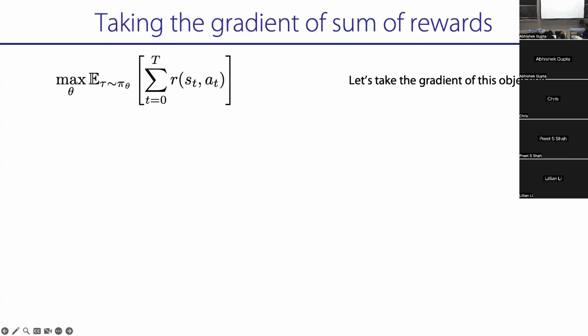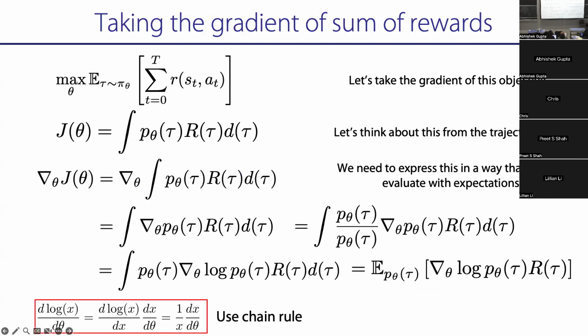The important thing to note in our expression is that the expectation of r is with respect to p theta tau, but you're never computing the gradient of r. The reason it's useful for black box optimization is that you never compute the gradient of r, you just compute the gradient of log p theta tau, which is under your control.